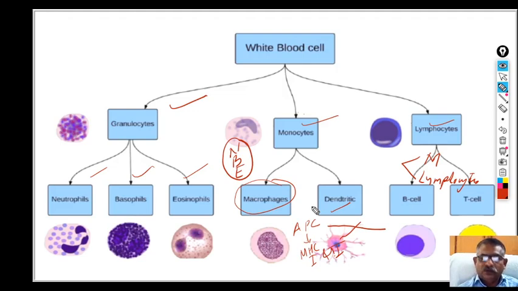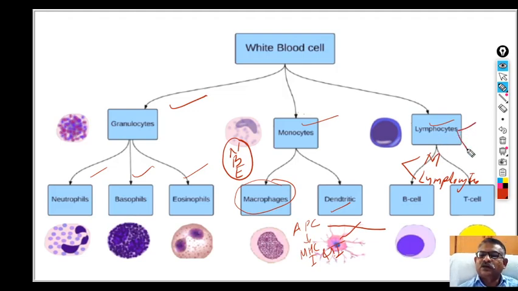Further, agranulocytes are of two types: monocyte and lymphocyte. Further, these lymphocytes also are of two types.